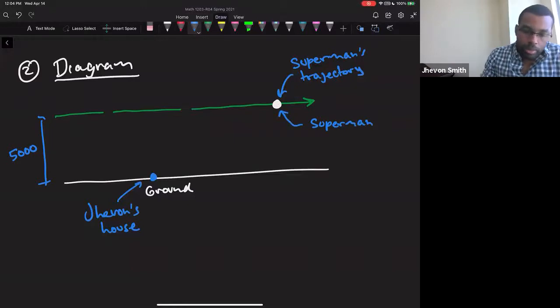Okay, so the distance between Superman and my house is going to be this red line here.